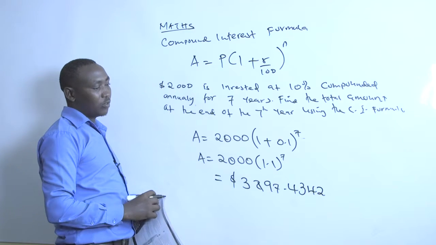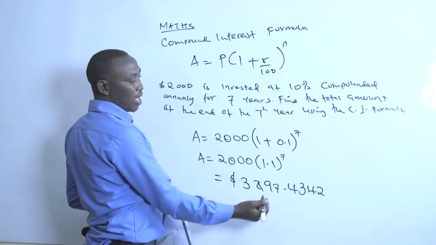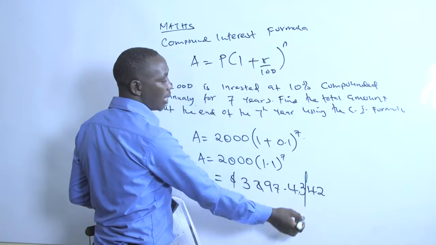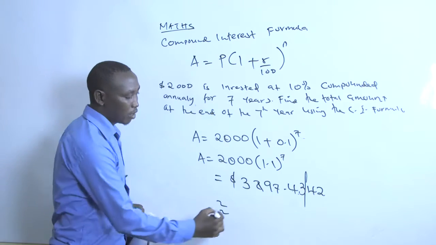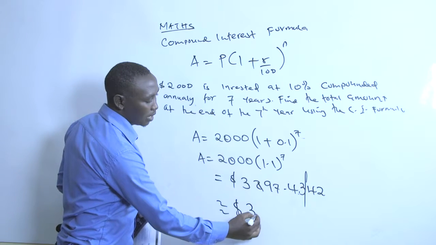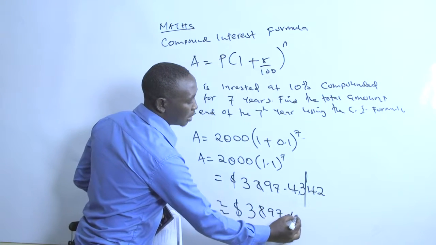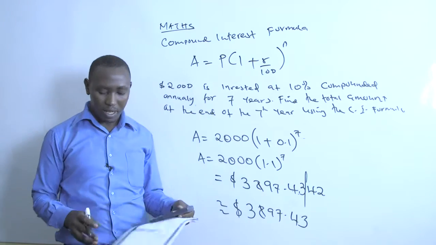Now we had said that with money we normally truncate to 2 decimal places, therefore we're going to count 2 after the decimal place, that is 1, 2, and truncate from there. So the amount available can be approximated to 3,897.43 at the end of the 7th year.